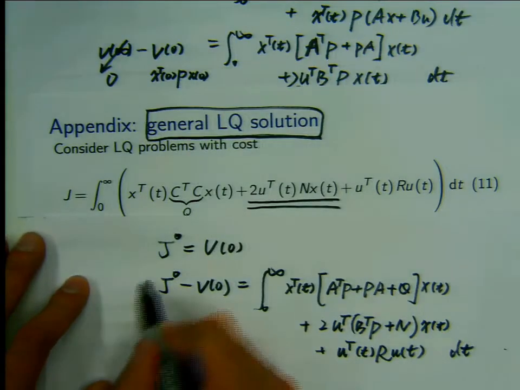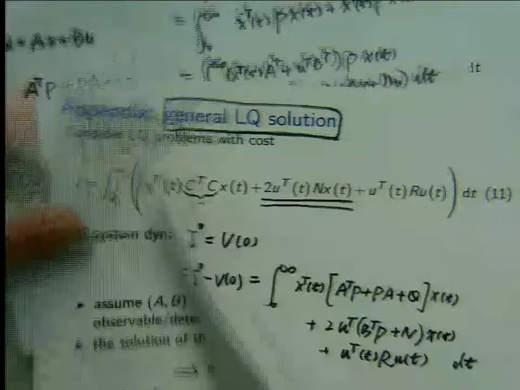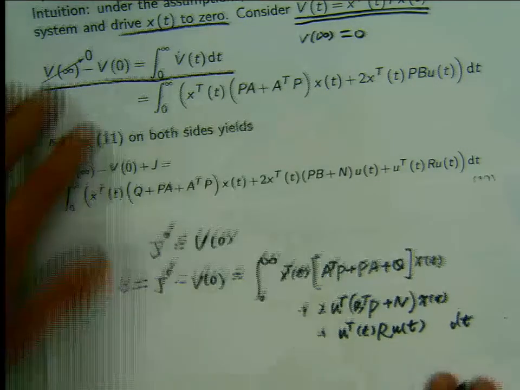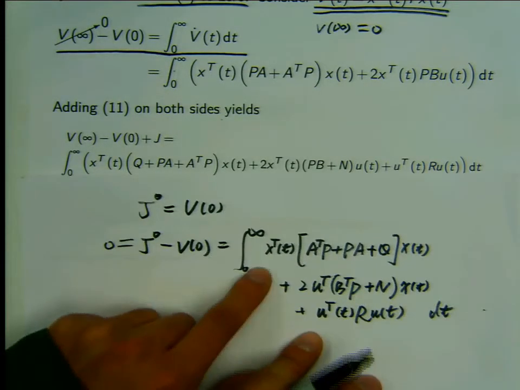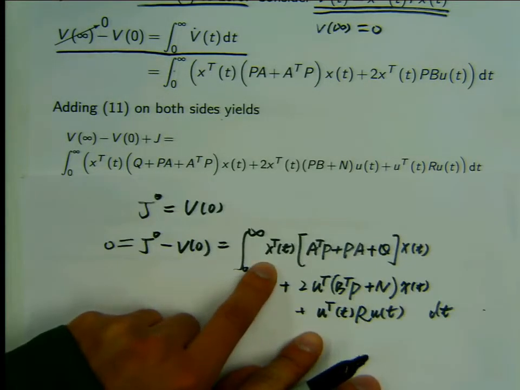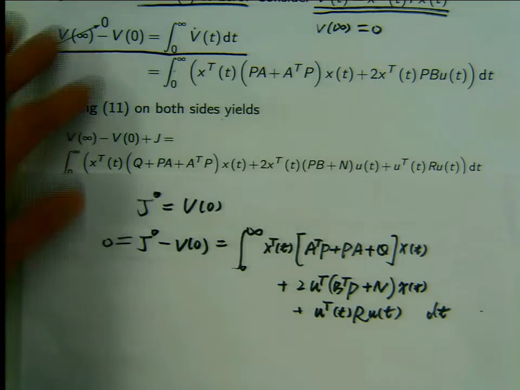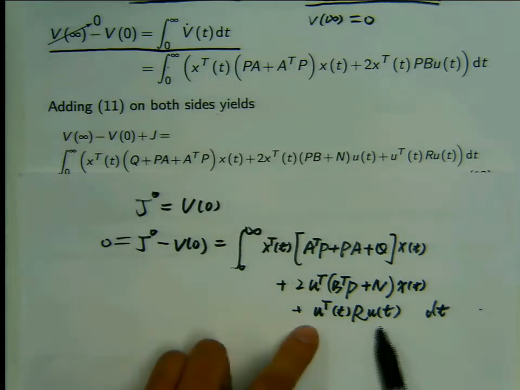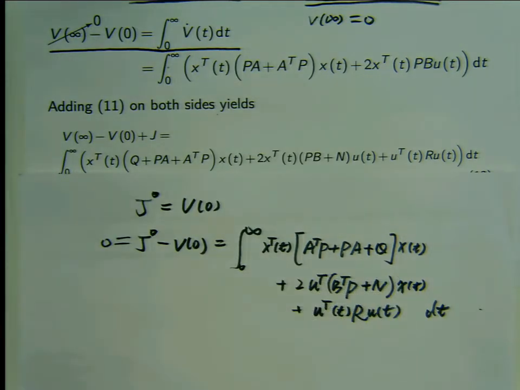Okay? And you know it equals 0. So now, look at the right-hand side. It's a quadratic function of x and u. We just need to now think about what would be the control u that will minimize this quadratic function.